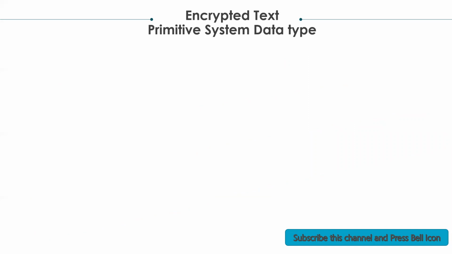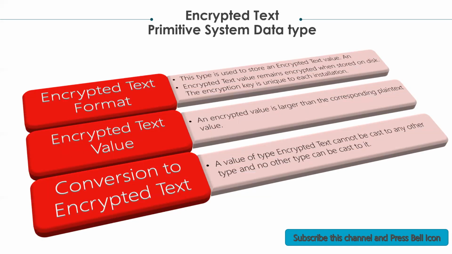Encrypted text. This type is used to store an encrypted text value. An encrypted text value remains encrypted when stored on disk. The encryption key is unique to each installation. An encrypted text value can be created in one of the following ways: entered by a user in an encrypted text field component, or generated in a plugin using the encryption service public Java API.